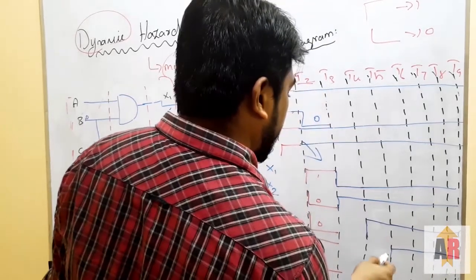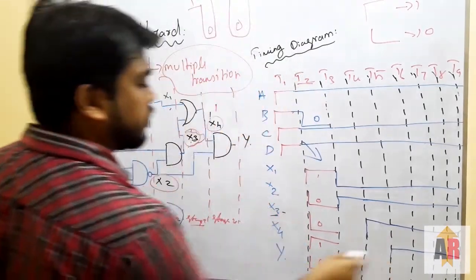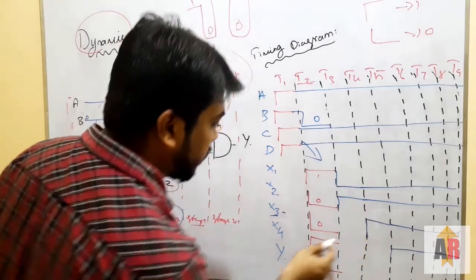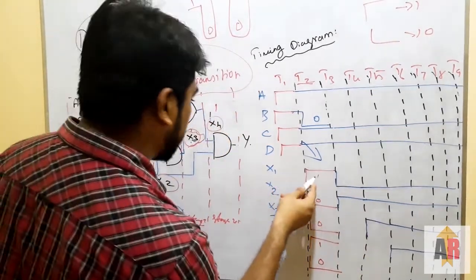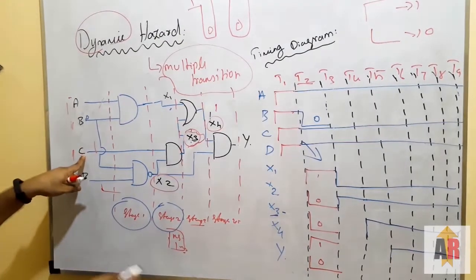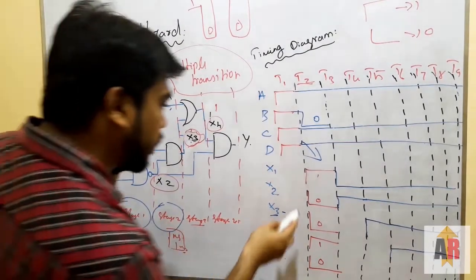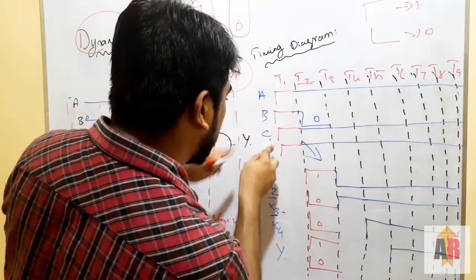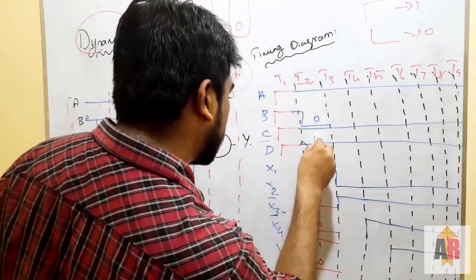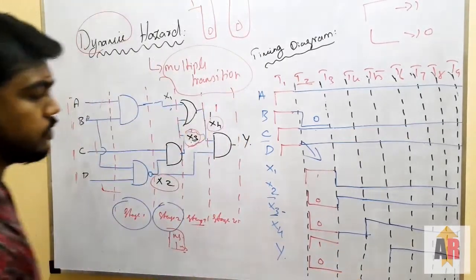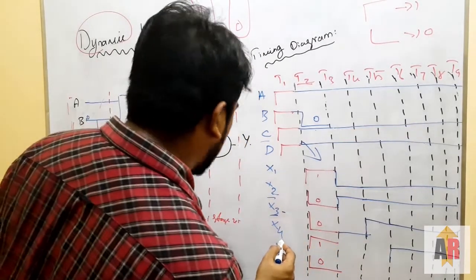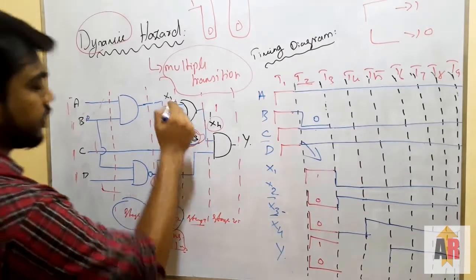Here there may be some changes. In this case, if you see, we can see that x3 is a combination of 1, c and x2, right? C and x2, c is 1, this is 0. So here also it will be 0, no issue. Now come to x4. x4 is x3 and x1.